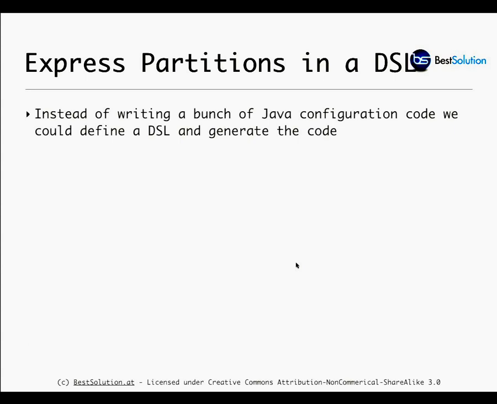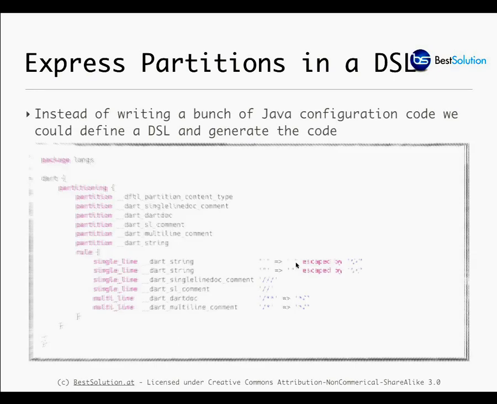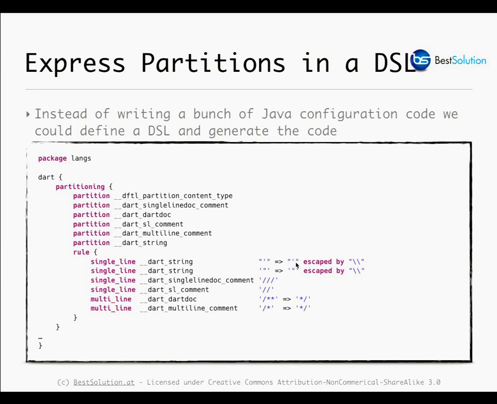I want to express it in a very short syntax. And this is a DSL that we made up. This is how you define the partitioning of a Dart file in the DSL. So you don't have to remember all the stuff that comes with Eclipse Text. You just need to use an editor without the completion to edit this file, and you can partition your documents.